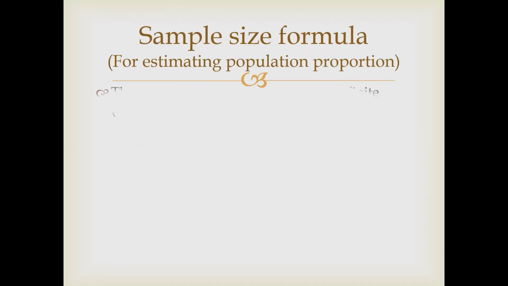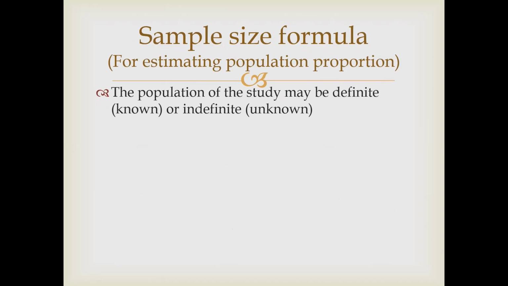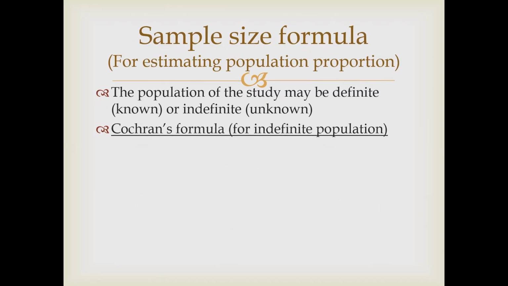So sample size formula. First, we have to determine what is the population. Is it definite or indefinite? We have already said population may be definite, known, or it may be indefinite, unknown. That is the first thing we should know. Then we have a formula given by Cochran.